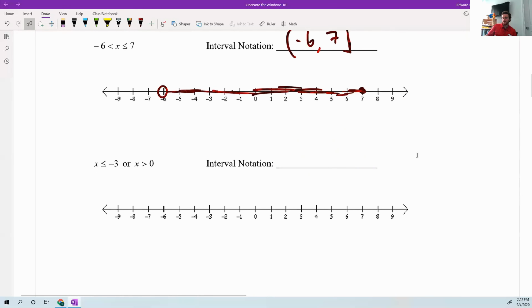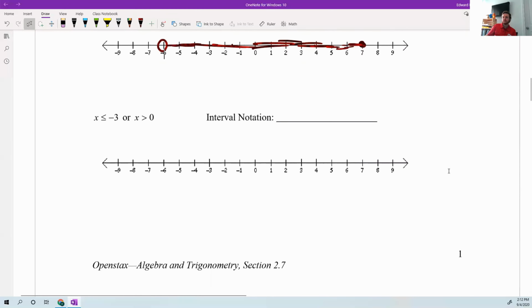So we got that. And then how are we going to do this next one? Well, there's an or, so that makes me think that we have 2 intervals that we're going to need to talk about. Maybe we should do the picture first before we get tangled up with the fancy interval notation. So let's include -3.